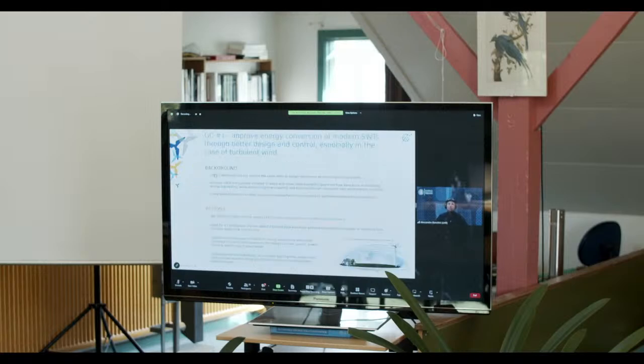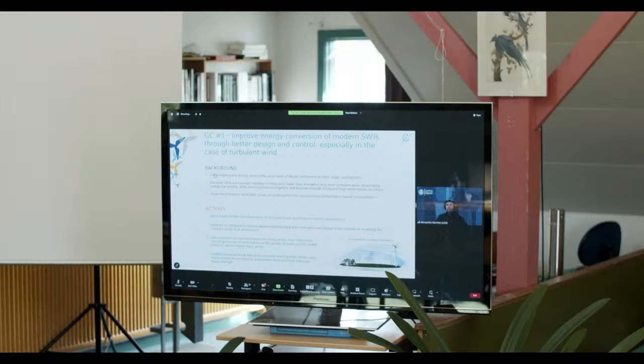Grand challenge number 1 is to improve the energy conversion of modern small wind turbines through better design and control, especially in the case of turbulent wind. I came from the aerodynamic design. I'm an expert in airfoil aerodynamics in turbulent cases. So this is probably my number 1 grand challenge.